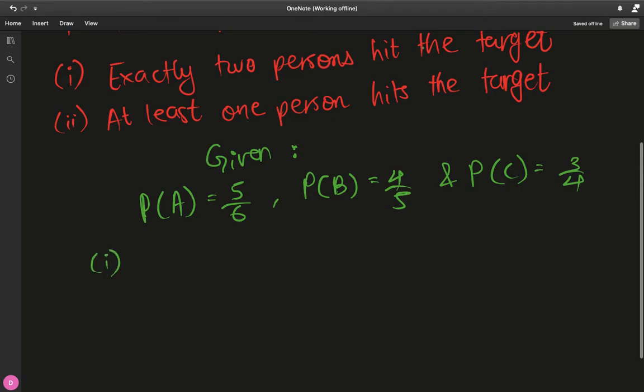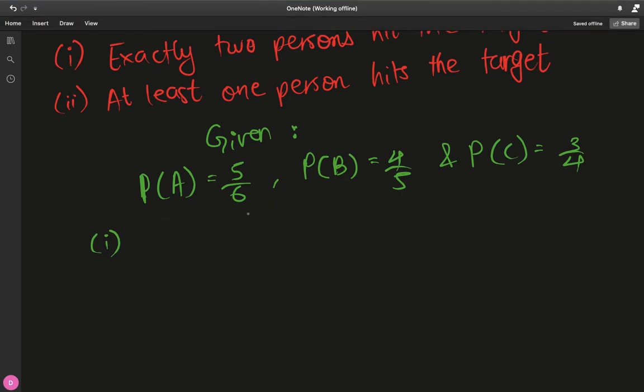Okay. Now let's look at 1. So exactly 2 persons hit the target. So for 2 persons to hit the target, let's call that P of exactly 2 persons hitting the target.